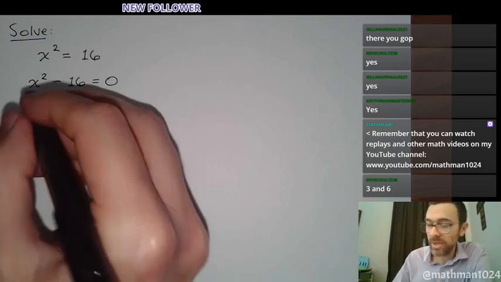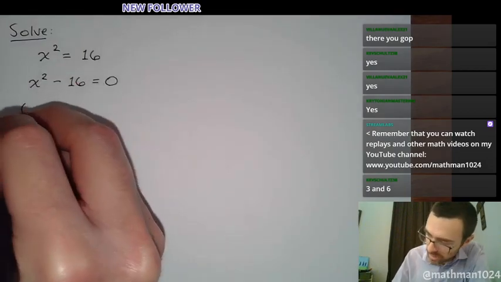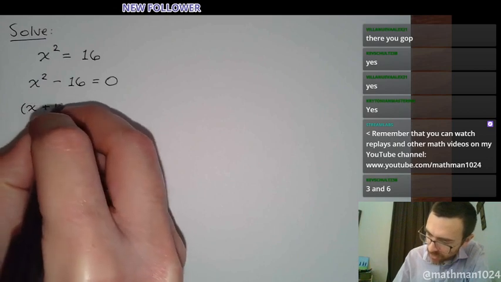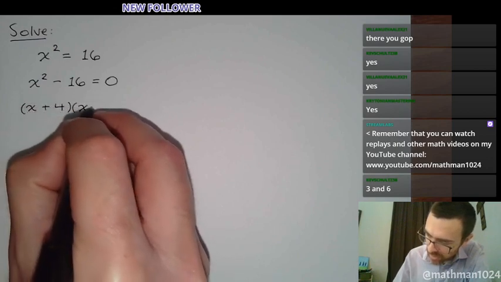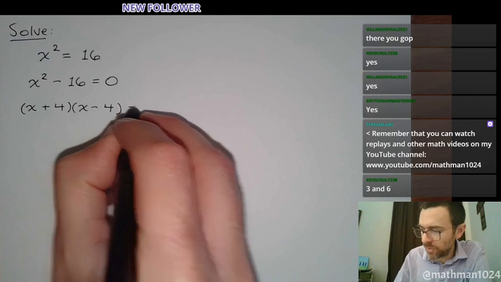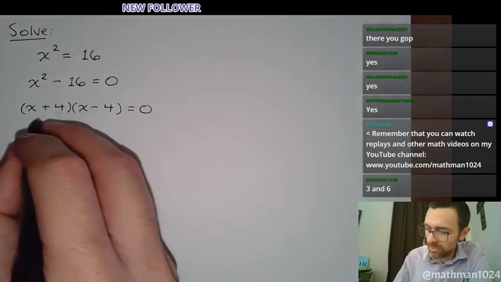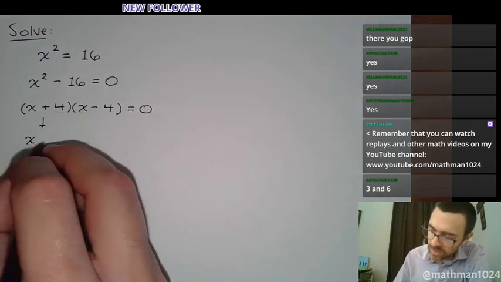And then you want to factor because you're getting a difference of squares. And so this factors as x plus 4 times x minus 4. And then from each of these, we get our two solutions.